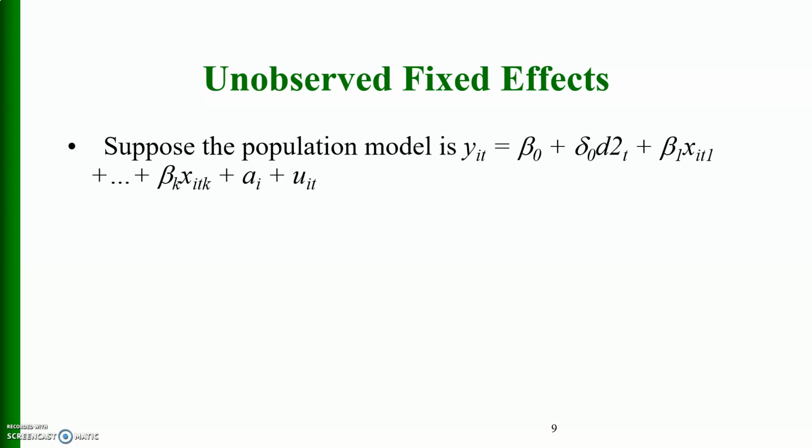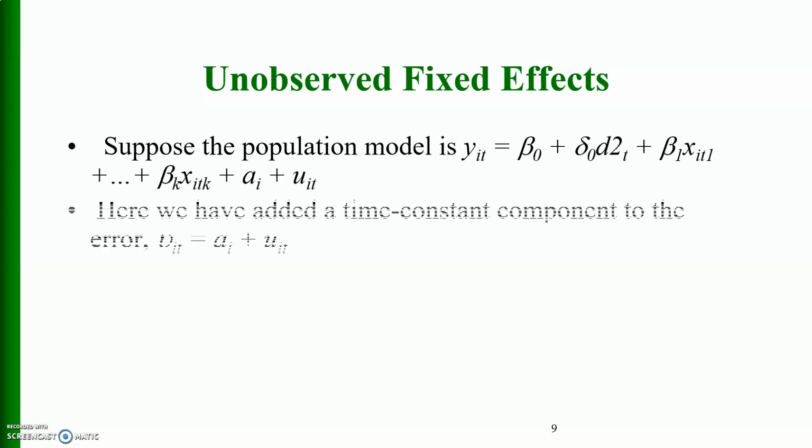For that, let us suppose the population model is yit is equal to beta naught plus delta naught d2t plus beta 1 xit1 plus up to beta k xitk plus ai plus uit.